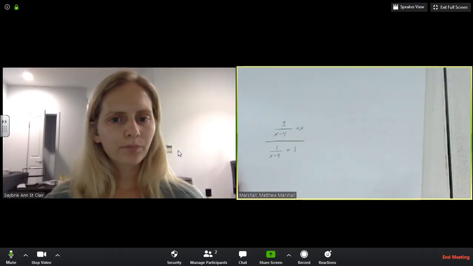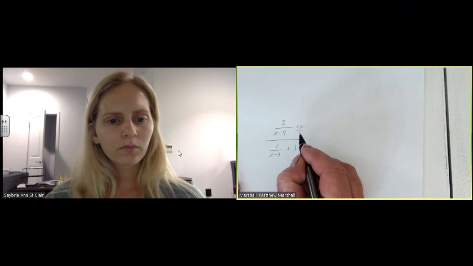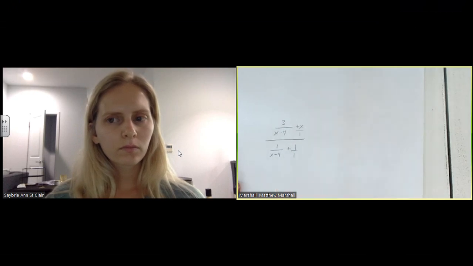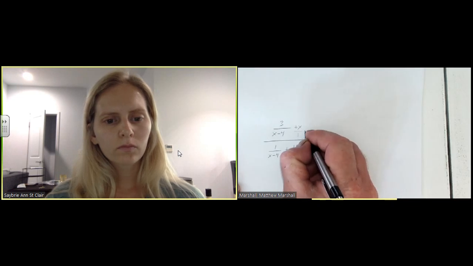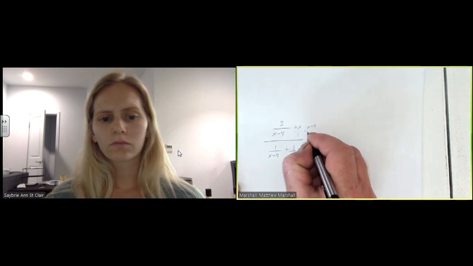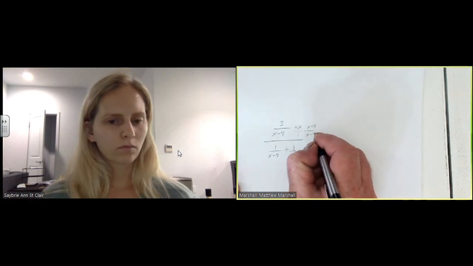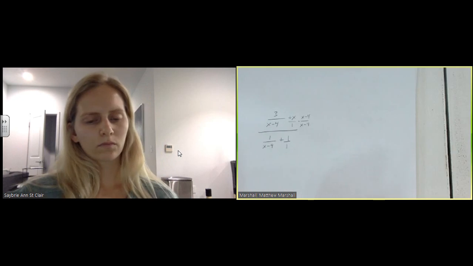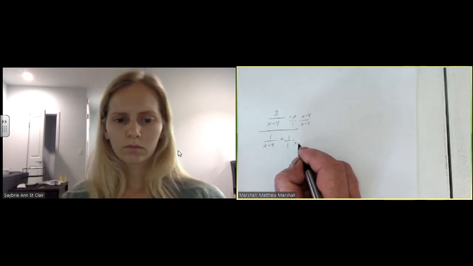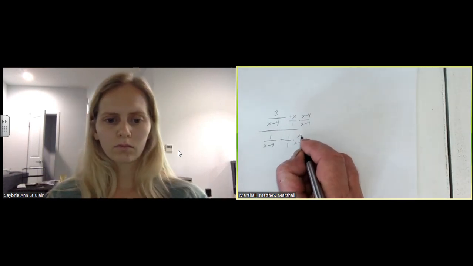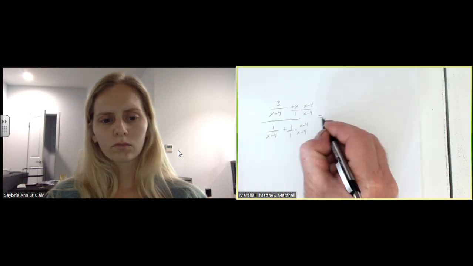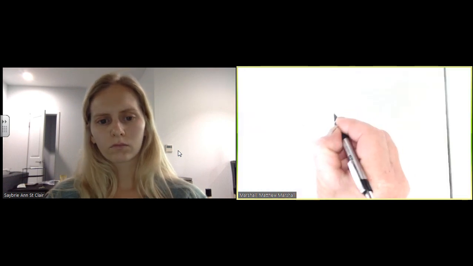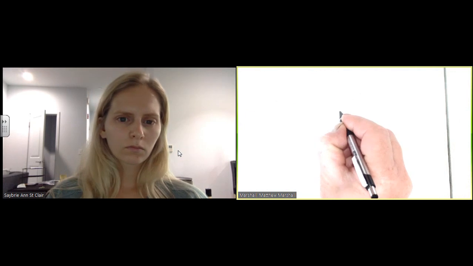Okay, so I'm going to have to do a double common denominator. This one on top, I need to multiply this top and bottom by x minus 4. The problem on the bottom, I gotta times that top and bottom by x minus 4. That gives me that same 3 over x minus 4.